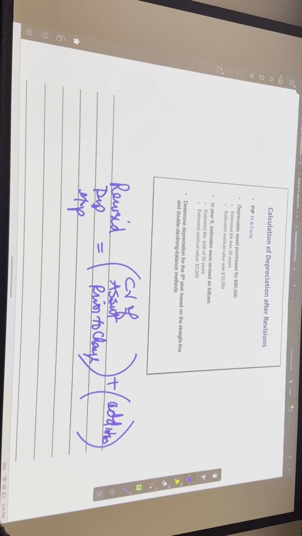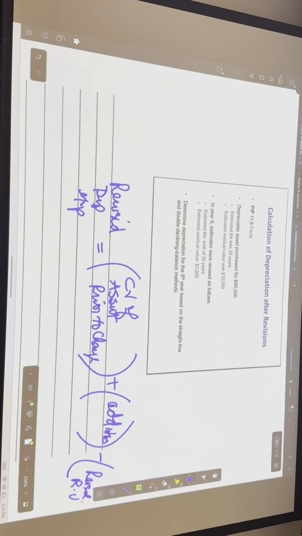So let's say we added a third floor of the building or something, or we added a new component to the equipment that makes it more productive. So we're going to look at the carrying value at the time before we did that change, then we're going to add the addition, then we're going to subtract what I call the revised residual value. Revised means how much, right?